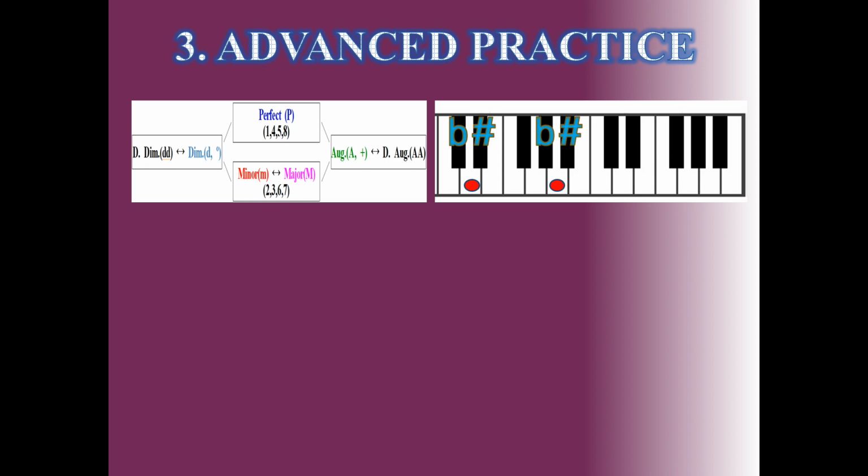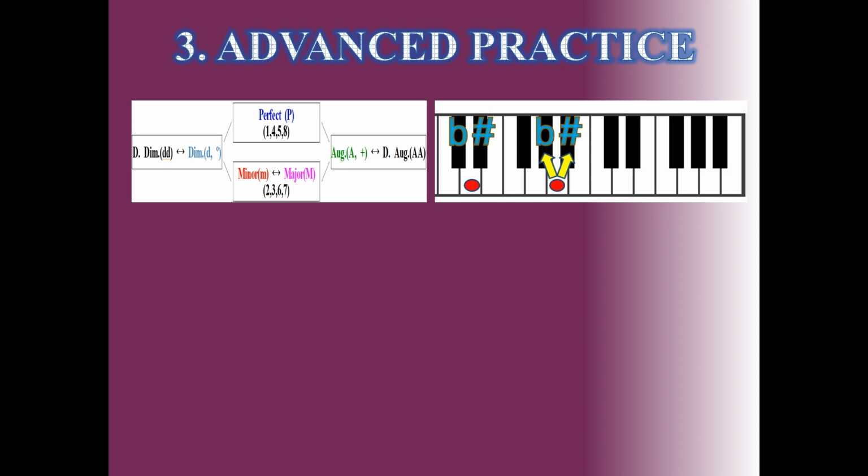Can you see? So when the higher note has a sharp, the interval will be increased, right? Increased a half step. But if there is a flat, then the interval will be decreased. Okay? And how about the lower note?